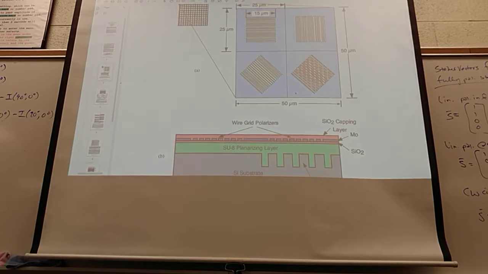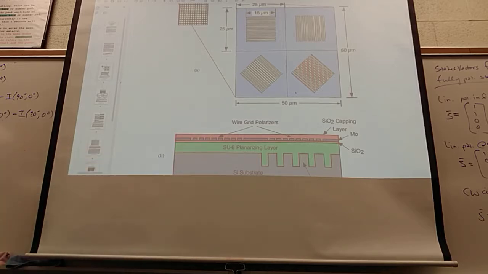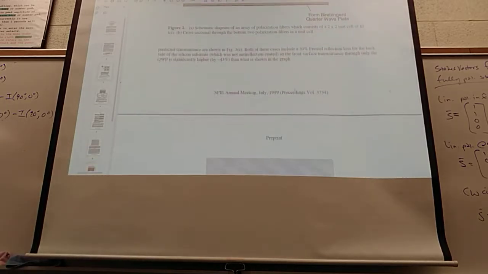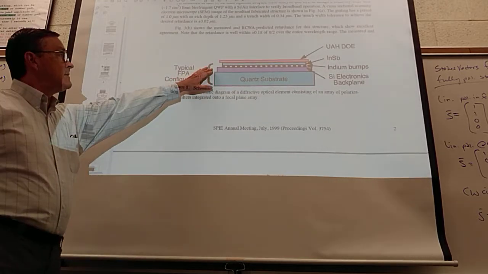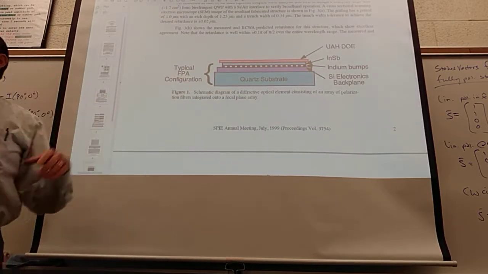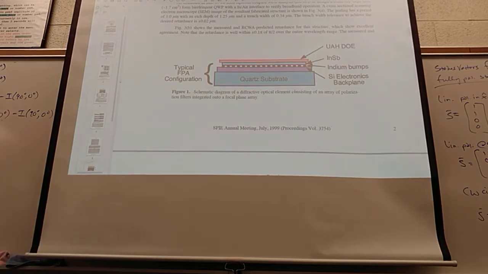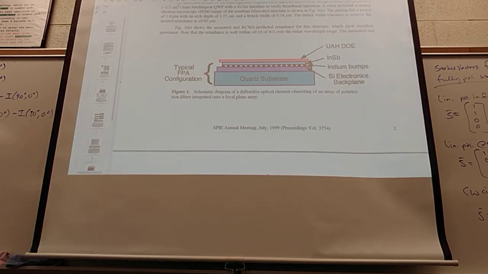Okay, so basically what we're doing here is fabricating these polarization filters and sticking them on top of an infrared focal plane array and turning it into an imaging polarimetry system. And it all goes back to Stokes vectors. And so we could measure the full Stokes vector point by point throughout a scene.